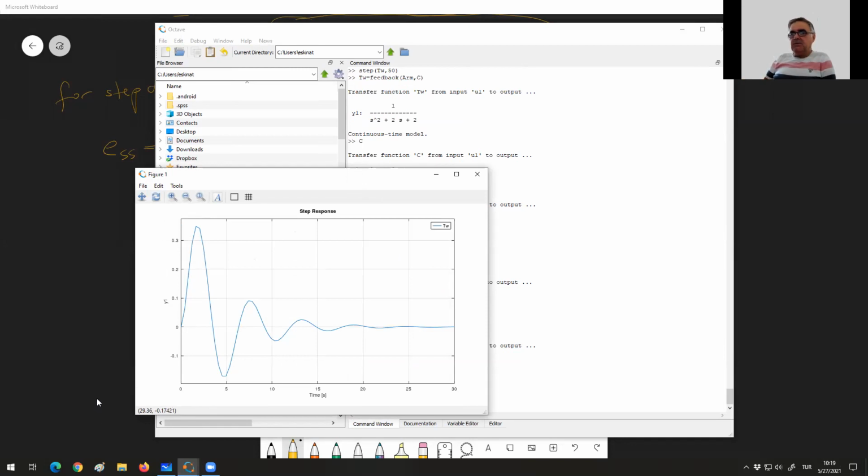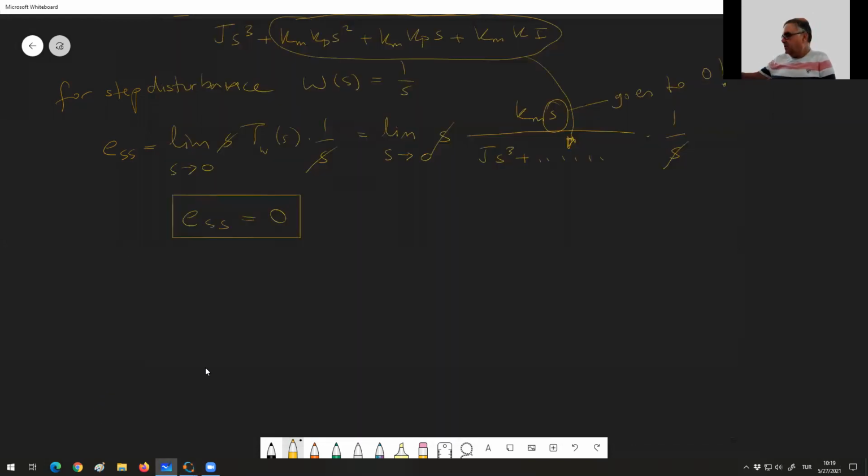Okay. So as we look at it, if we plot the response here, what you have will be something like this. This is T. This is theta. If there is a torque disturbance on the system, it gets rejected.